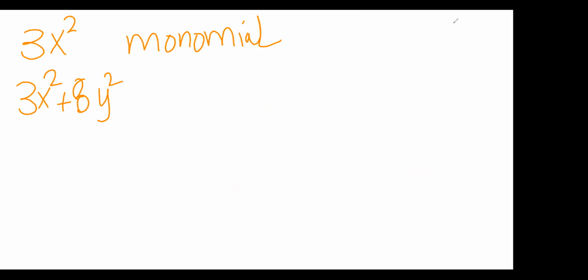They are two monomials, is it right? 3x squared is the first monomial, and 8y squared is the second monomial, and both of them can be added. So, because we have two monomials, like bicycle, I will have a binomial.